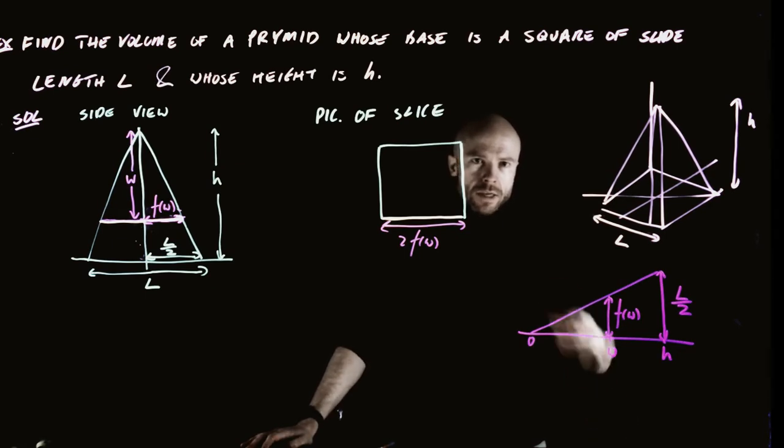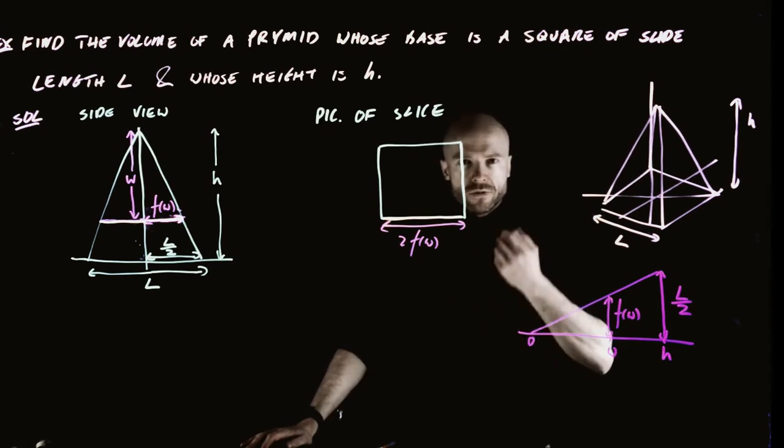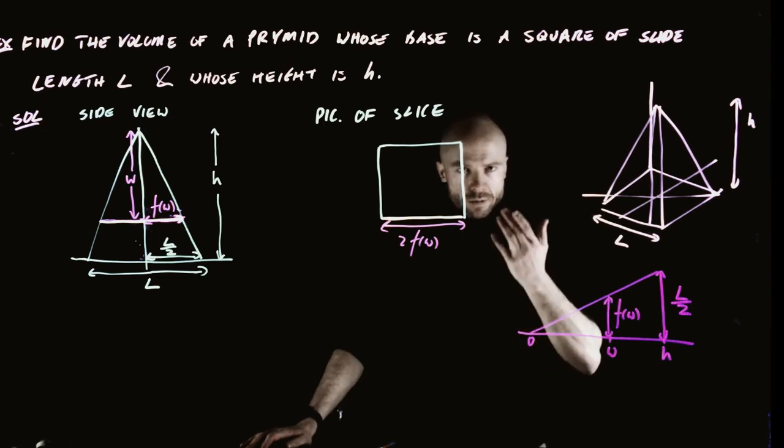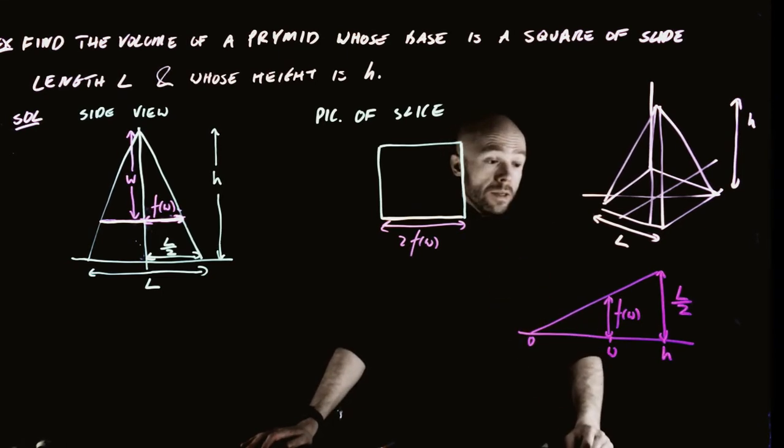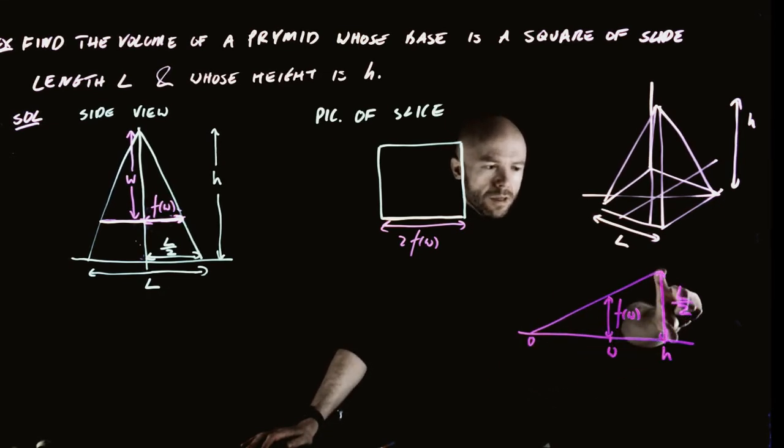And a moment's thinking should make it clear to you that that isn't a hard thing to do, because a linear function is just defined by its intercept and its slope. Its intercept is 0. We set it up that way. And its slope is how far up or down it goes divided by how far along. How far up does it go? It goes by L over 2. How far along?